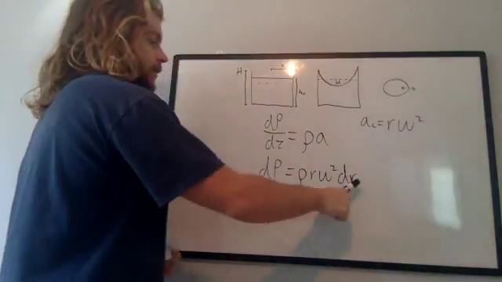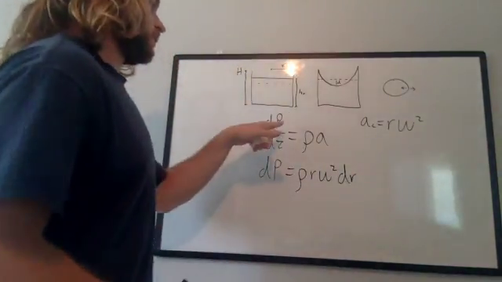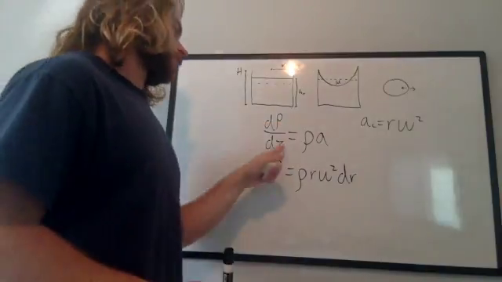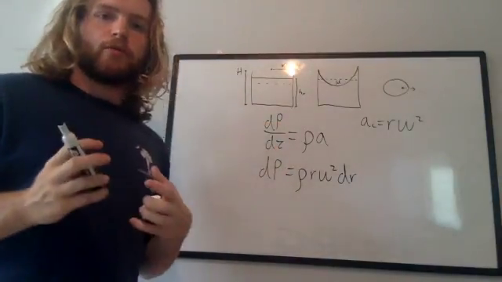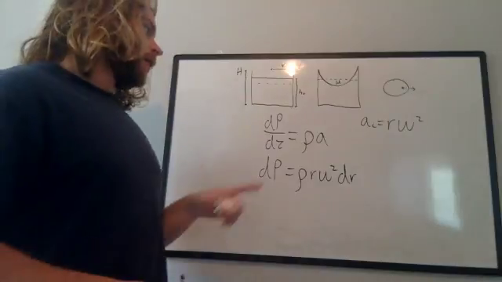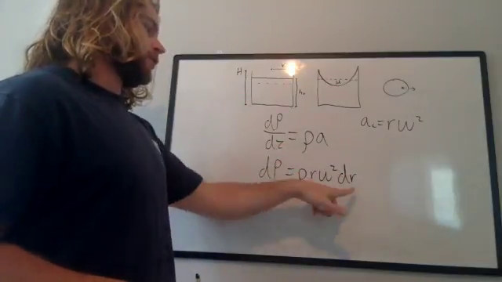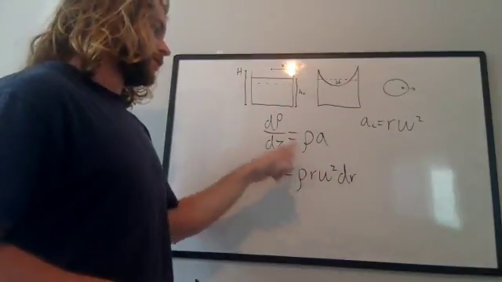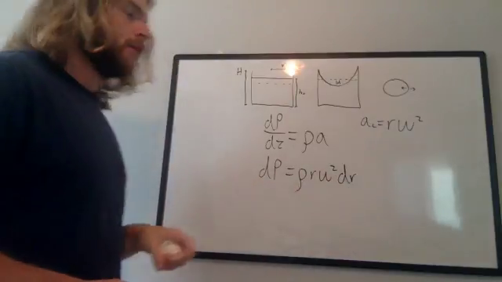And this dz is going to become a dr, right? This just means the differential change in pressure over the differential change in some sort of position. This position, in this case, is going to be based on the radius of the cup, so that's going to become a dr right there.